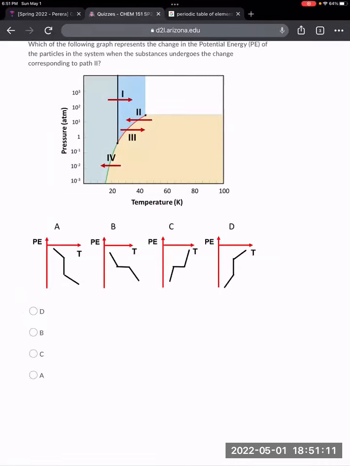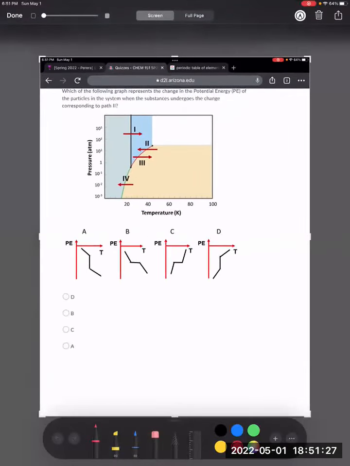Moving on. Which of the following graphs represents the change in the potential energy of the particles in the system when the substances undergo the change corresponding to path 2? Okay, so we're talking about path 2. We are going from gas to liquid, and we do that by decreasing the temperature.